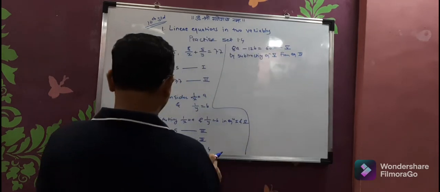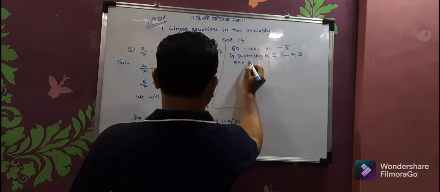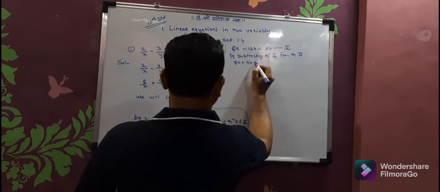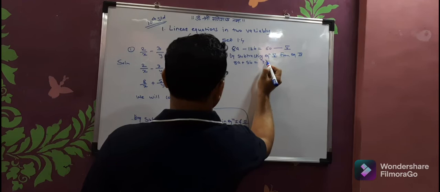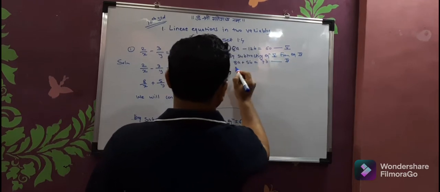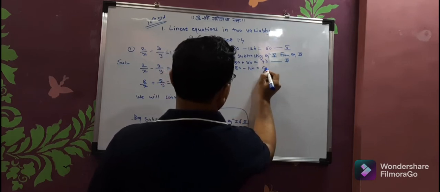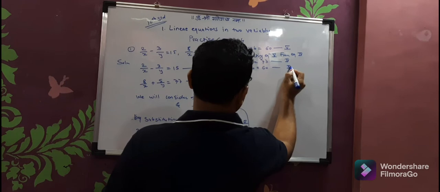So what is equation 4? It is 8a + 5b = 77. This is equation number 4. And this is 8a - 12b = 60. This is equation number 5.